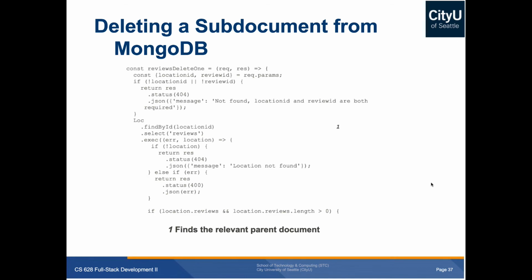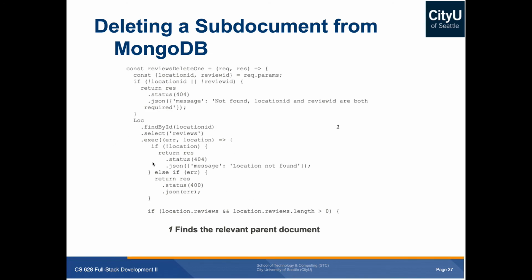Okay, so if you want to delete one, we first check the request parameters in the request URL to see if we have the location ID and review ID. If any of them is null, right, then say not found, right? And then if we have both, first find the location, select the reviews.